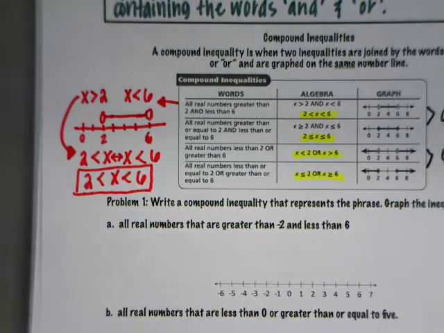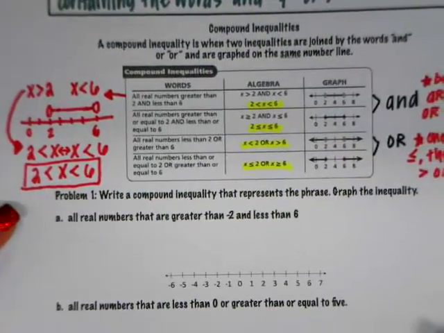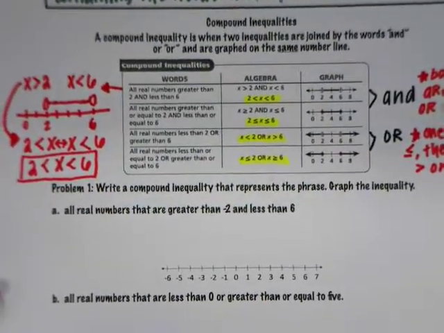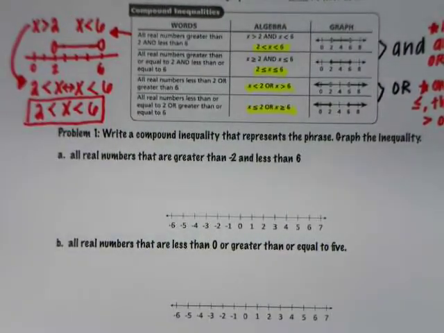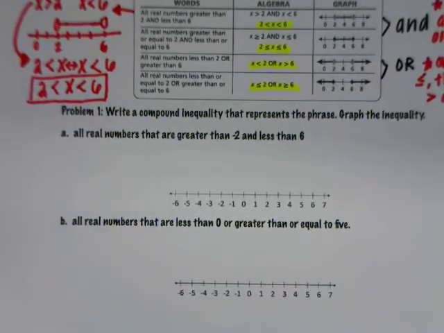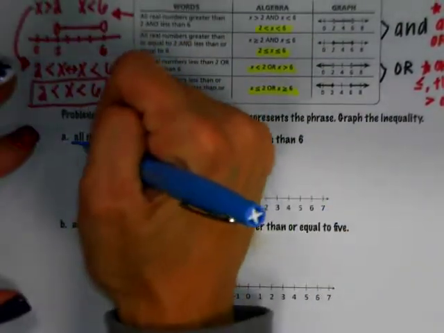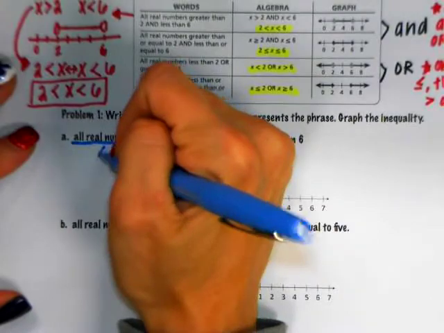All right. So first, we're just going to go through and take a phrase and then just create an inequality from it. Okay? So for problem 1a, it says all real numbers that are greater than -2 and less than 6. So let's kind of break this sentence down. So all real numbers, that's going to be your x.